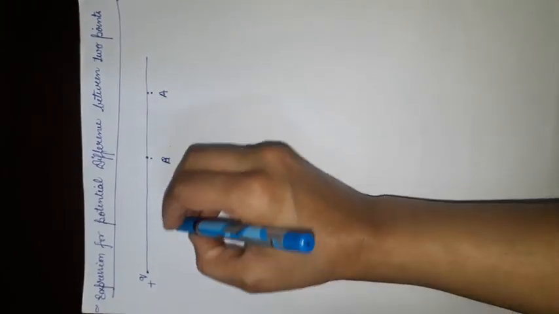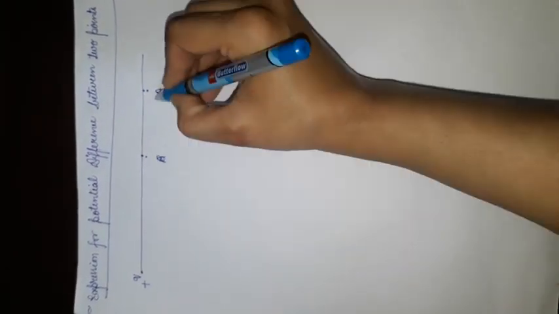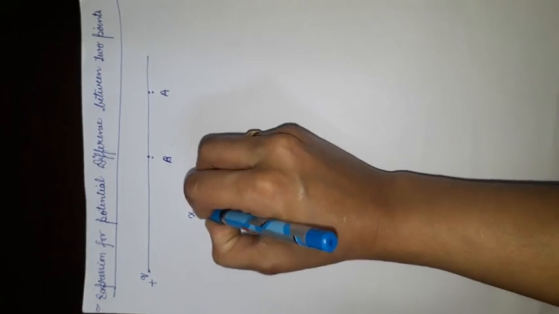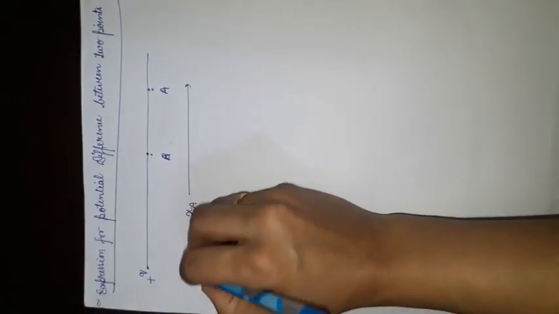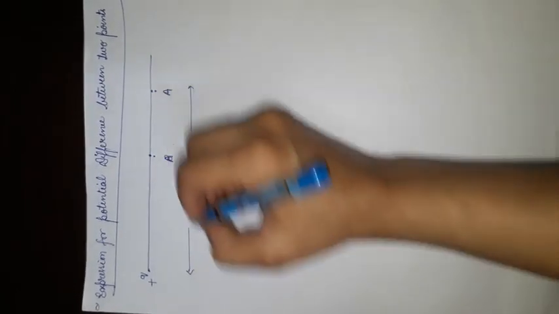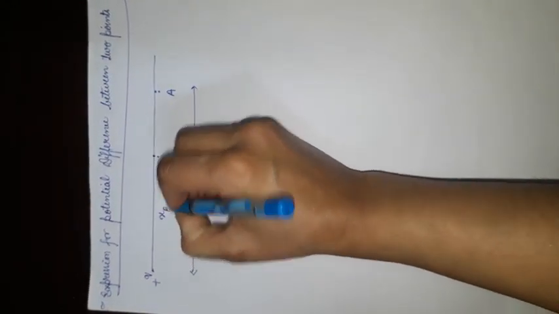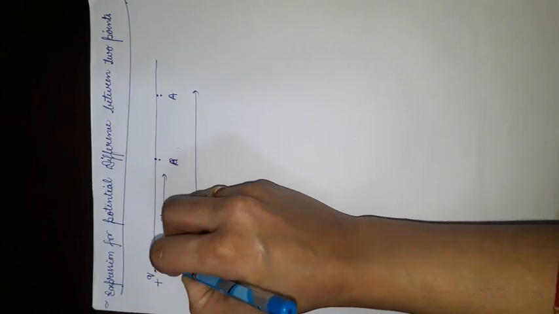So the distance between A up to Q is XA, and this distance is XB, suppose.